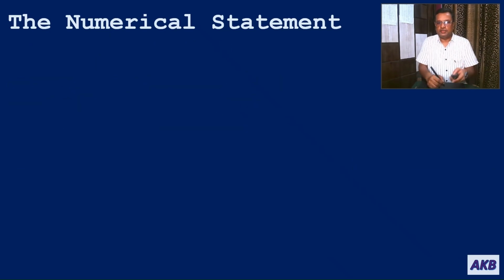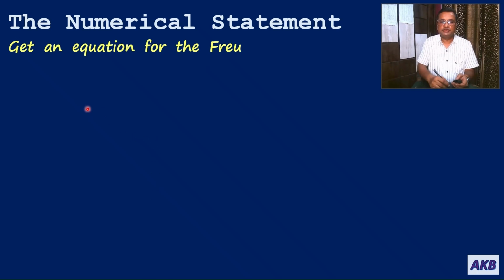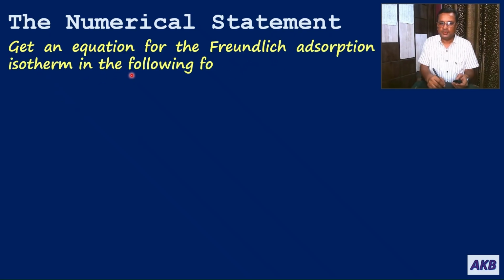Okay, so based on the information that is given to us, we have to first get an equation for the Freundlich adsorption isotherm in the following form: capital Y is equal to m into capital X raised to n. So we have to get this equation. That is, we have to get the values for m and n.